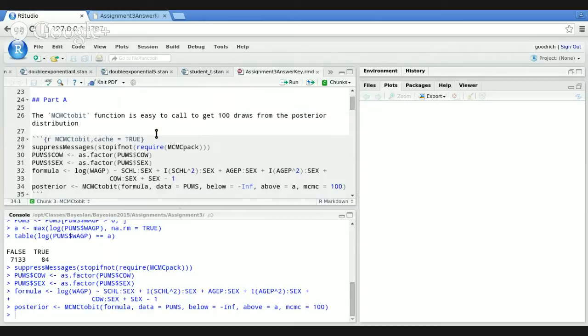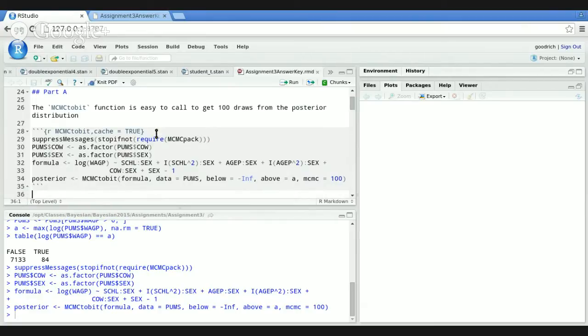And so once you execute that line, it will draw from the Tobit model that we talked about before spring break and is talked about in Lancaster. It's essentially doing a data augmentation approach like we did for a Probit model.